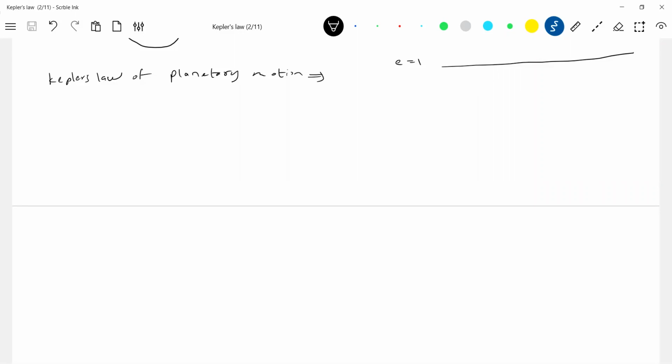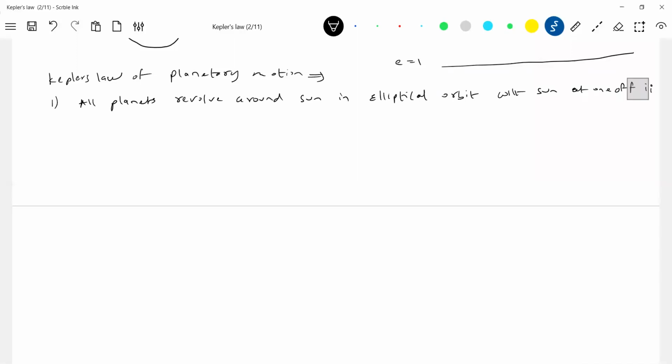He suggested that all planets revolve around the Sun in elliptical orbits, with the Sun at one of the foci. So now there's a law he has proposed.